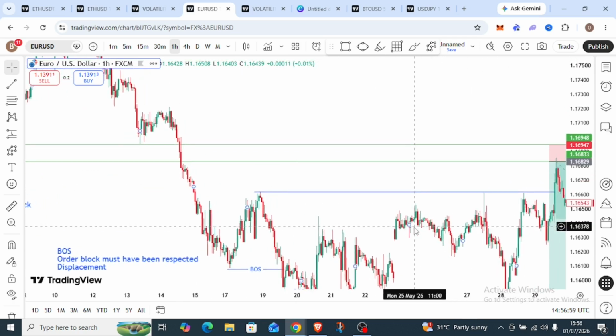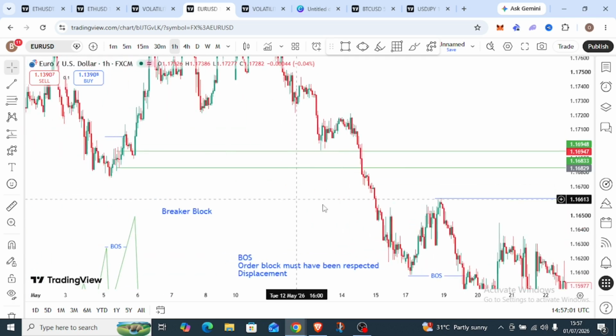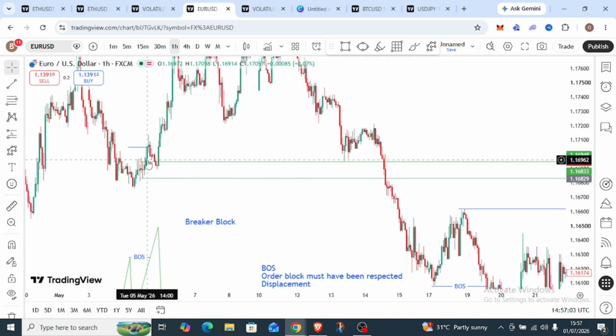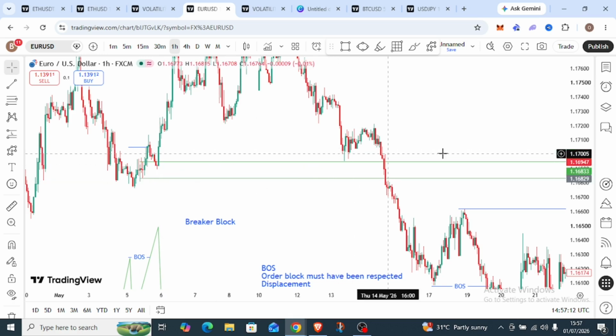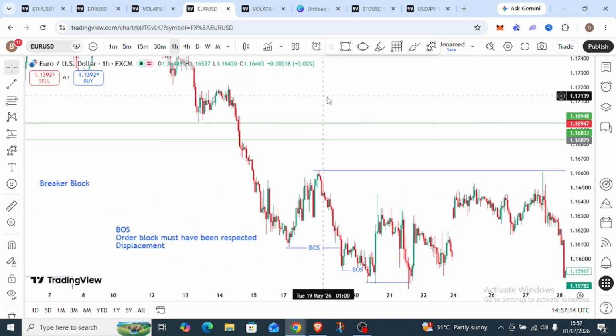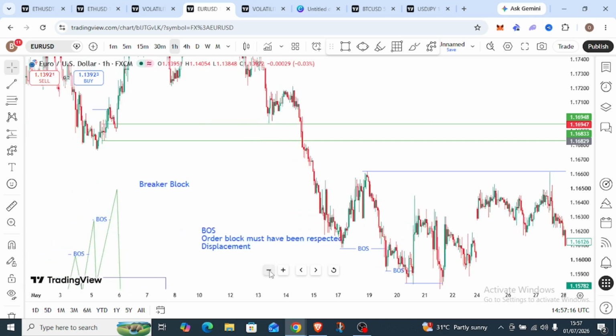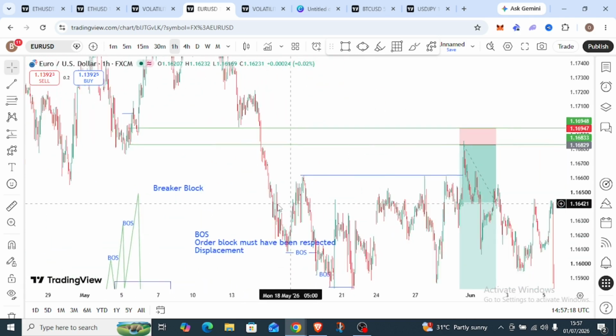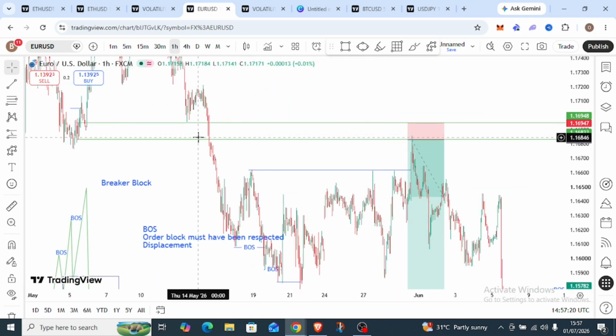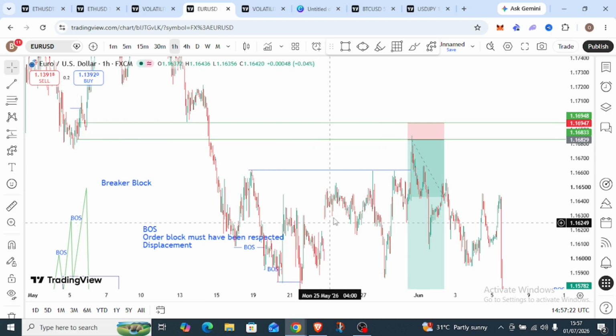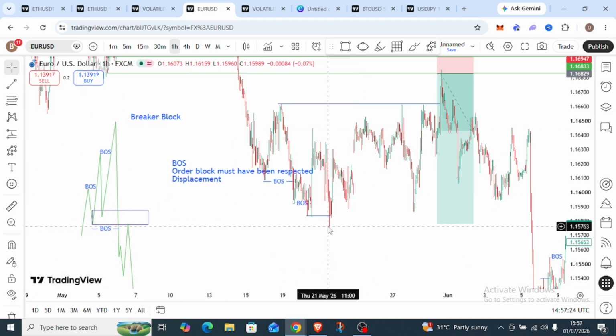How do you place your stop loss? Stop loss is placed above the candle that created a breaker block. As you can see here, I've marked it out for you. Let me zoom in so that I can see it clearly. And I targeted this low.